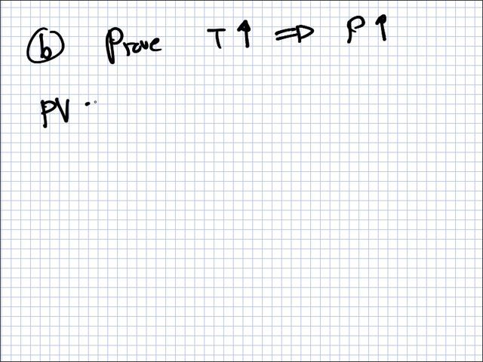So you have a couple of formulas that might help you prove this. You have the good old PV equals nRT. That's a good one. You also have PV equals, what's the other one? 3 over 2 KE. Isn't that one of them? I think so. Or is it 3 over... I think it says thermal kinetic theory. I'm just trying to jog my memory of the 3 formulas we need.